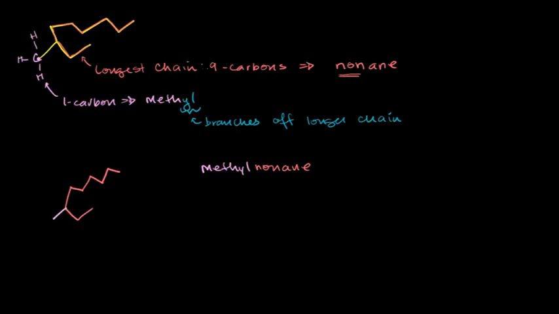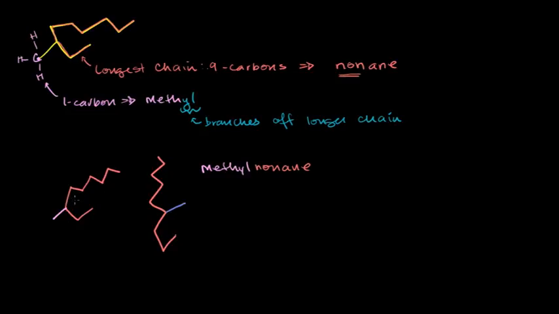But maybe, what if it was something like this? What if it was 1, 2, 3, 4, 5, 6, 7, 8, 9? And let's say that the methyl group was, instead of being right here, let's say the methyl group was right here. So how would you name these two things differently? This name right now does not differentiate between the methyl group being on this carbon versus the methyl group being on this carbon over here, or this carbon over there.